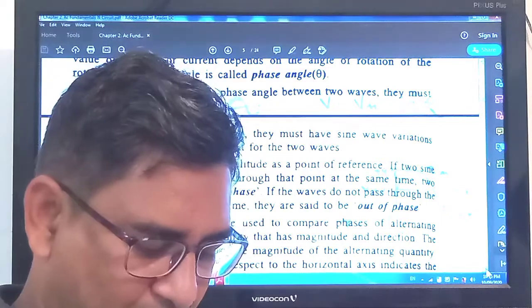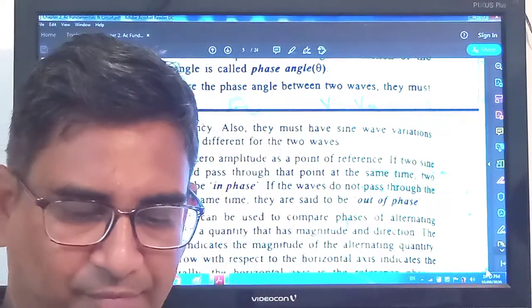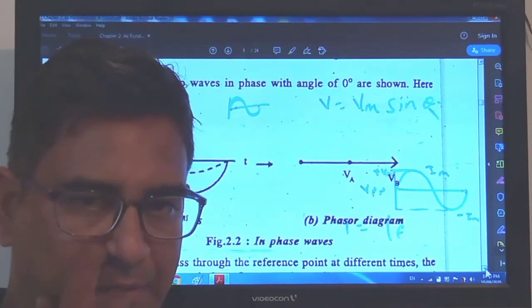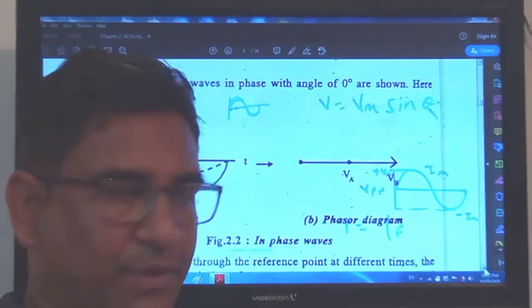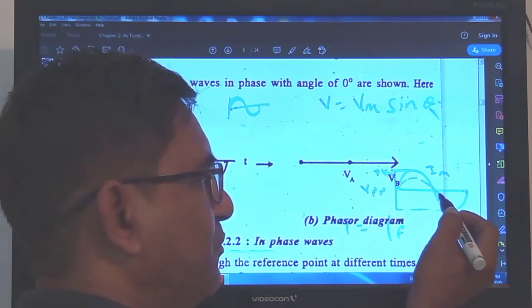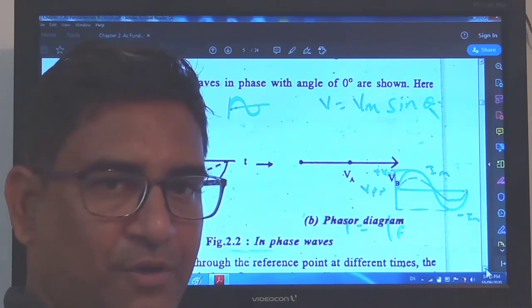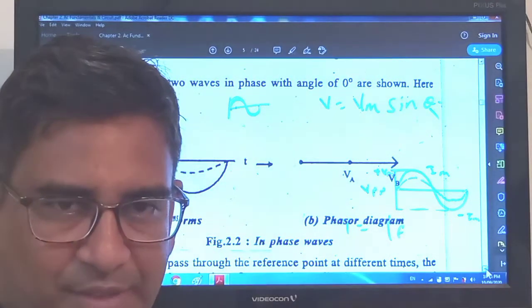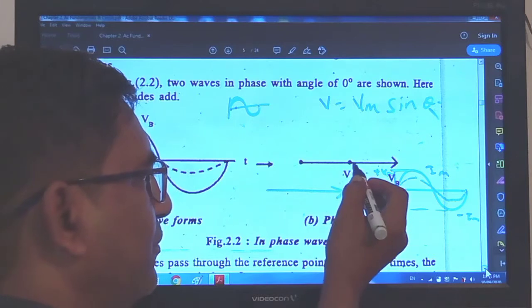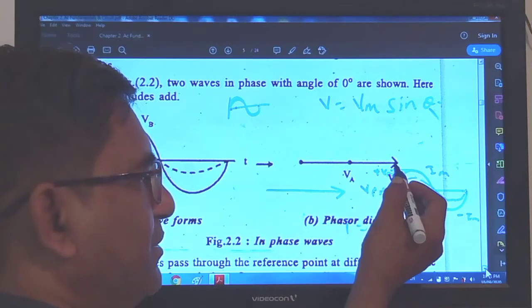Now you have the phasor diagram. Suppose the waveform has been given to you and one single wave passes through this particular cycle, then you may say that it is in phase. This phasor means this value and this value.